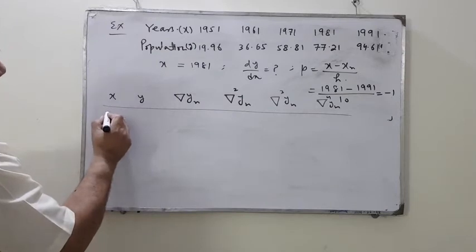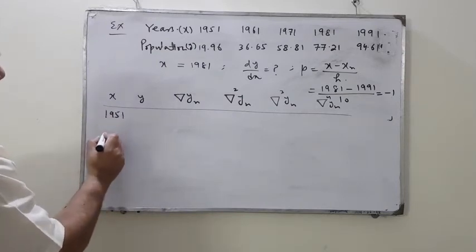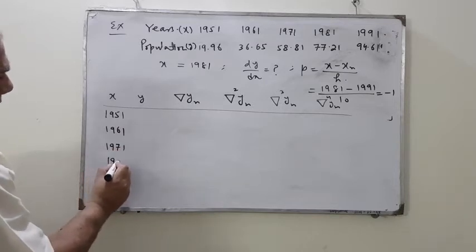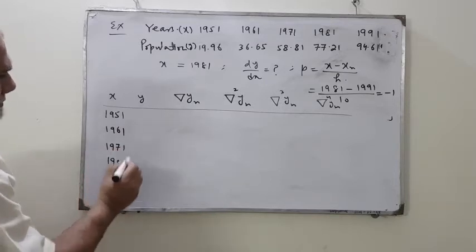The values of x are 1951, 61, 71, 81, and 91.